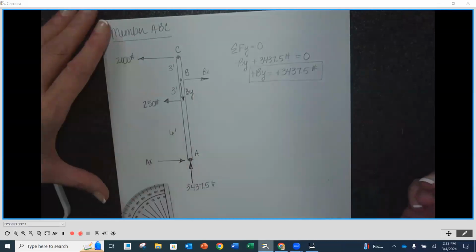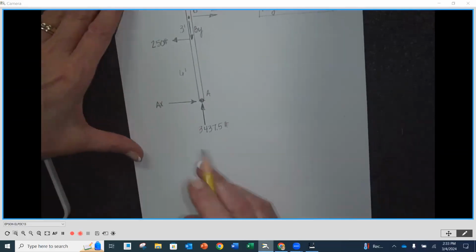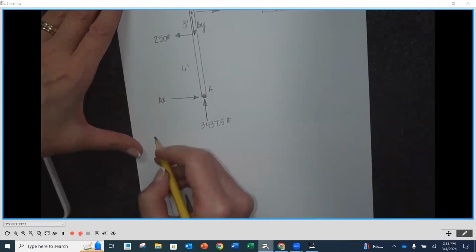I just solved for BX. I'm actually going to sum my moments down here so I can have a longer space.